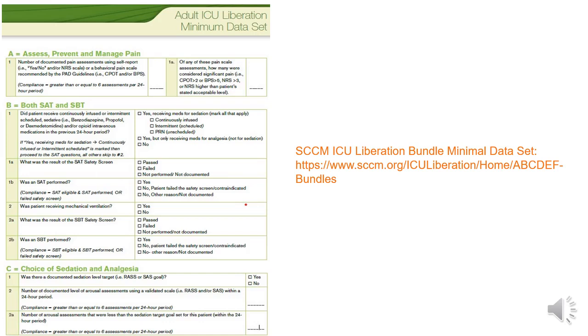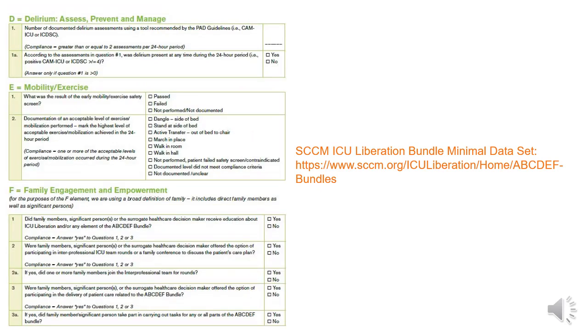Because you might have an ongoing quality improvement initiative in your unit, looking at, a lot of patients are having pain. What can we do about it? Well, you'll need to know how many patients were having significant pain. So great resource for you here, already developed, that you could peruse, and it does go through each of the elements of the ABCDF bundle.